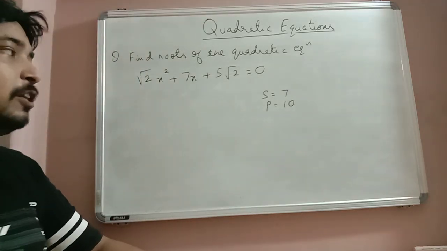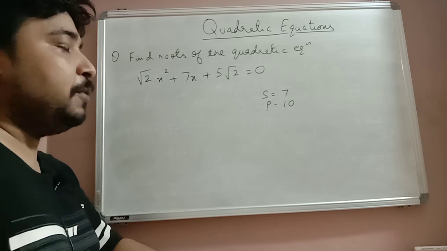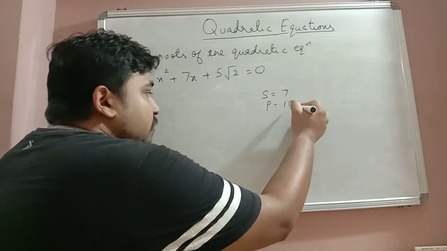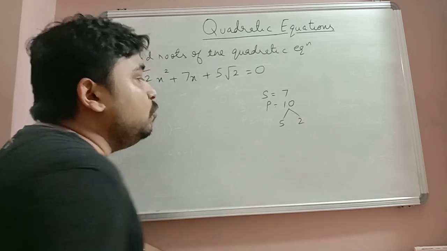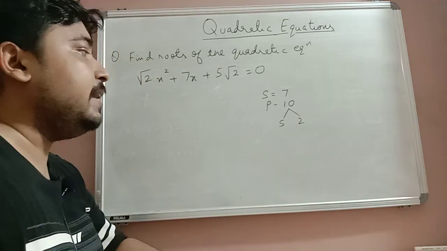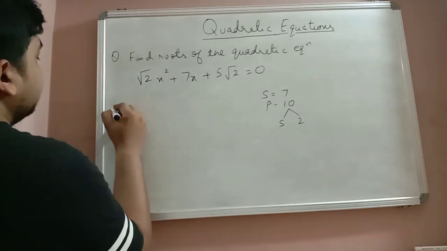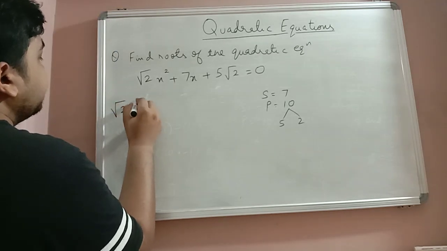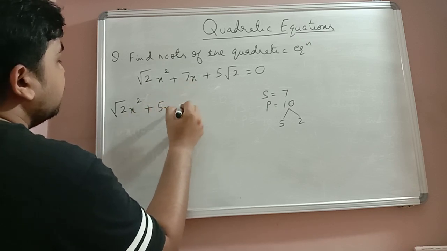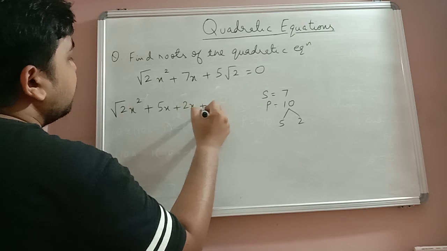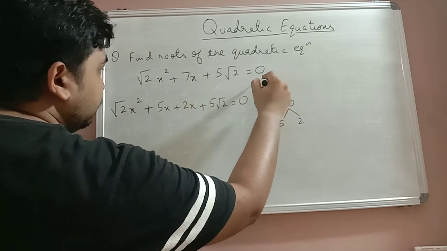So we need to think of two numbers whose sum is 7 and product is 10. So we can just factorize 10, 5 into 2, and the numbers are 5 and 2. 5 plus 2 is 7 and 5 into 2 is 10. So I'll write down this equation like this: root 2 x square plus, instead of 7x I will write down 5x plus 2x, plus 5 root 2 equals to 0.